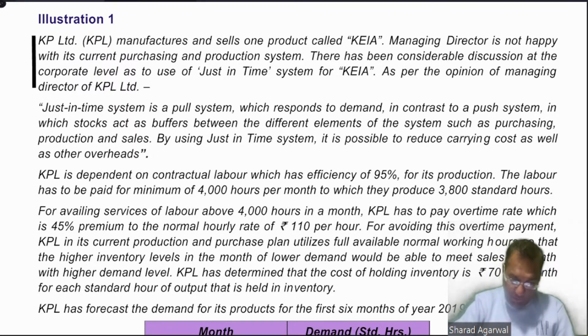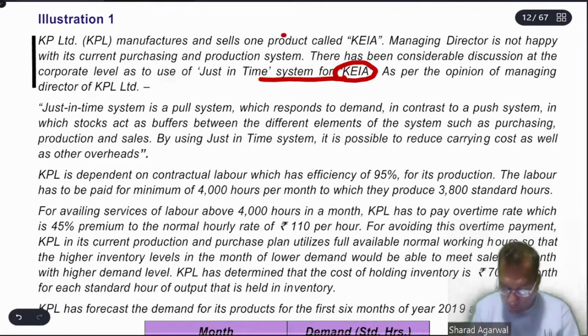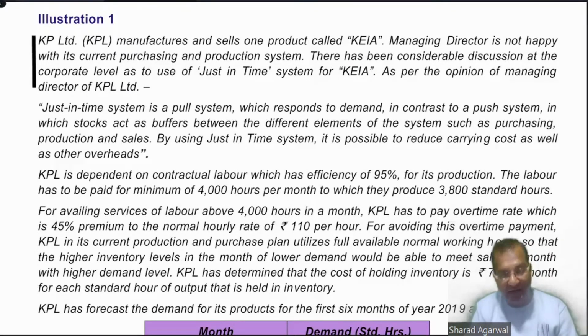Okay, it will be only for production, because of the words corporate level, JIT system for Kia, and Kia is the finished goods, not the raw material. So the company is adopting only and only the JIT manufacturing, not the JIT purchasing.